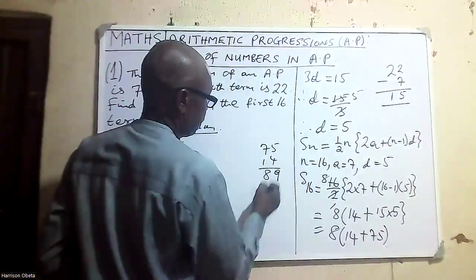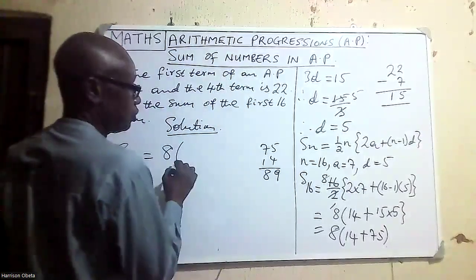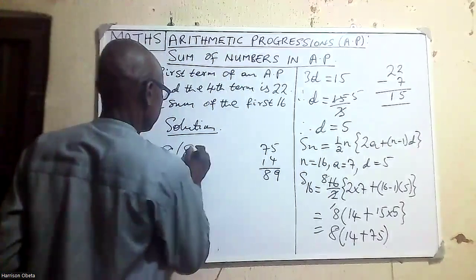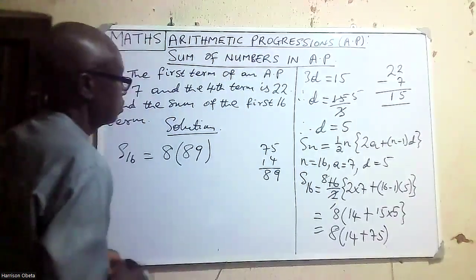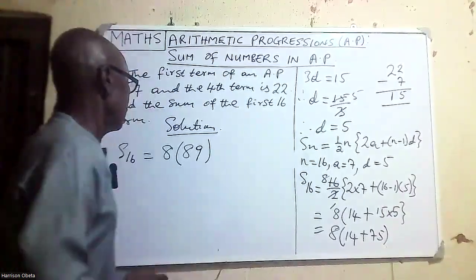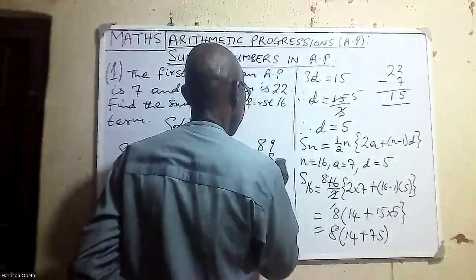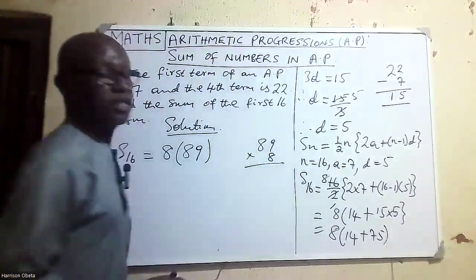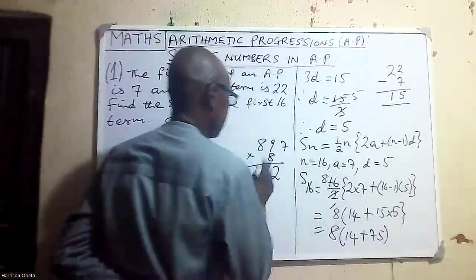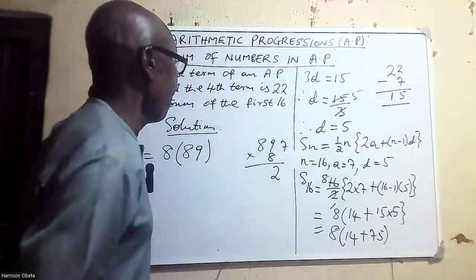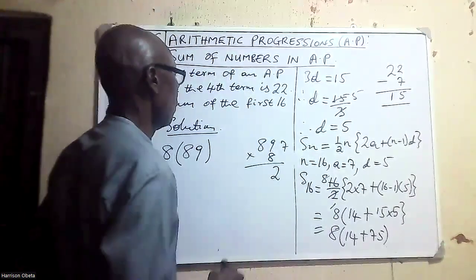And that is 89. Now, that means we have 8 multiplying 89. And then just to simplify, we have 89 by 8. 8 times 9 is 72, you write 2 carry 7. 8 times 8 is 64, plus 7, that should be 71.